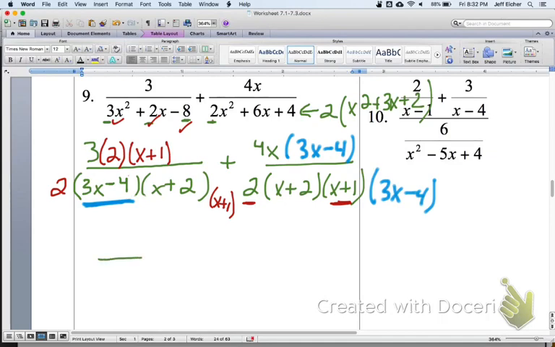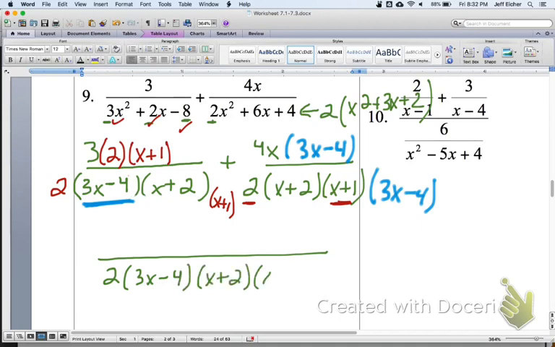So our lowest common denominator is a rather lengthy 2, 3x minus 4, x plus 2, and an x plus 1. The numerator, we would have 6 and then distributed, 6x plus 6.